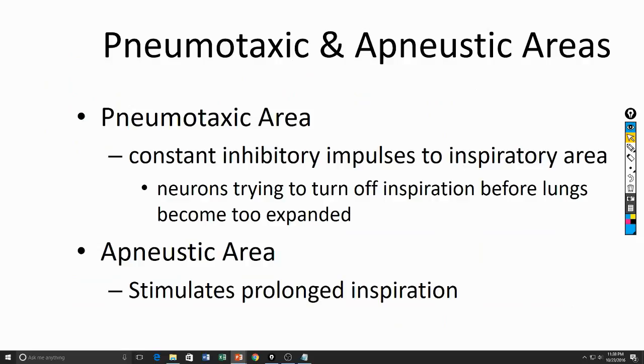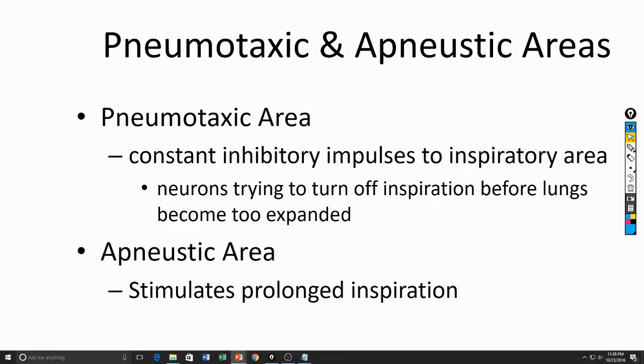Then you have the pneumotaxic area, which deals with inhibitory impulses to the inspiratory area. So that is basically telling you to stop breathing. If you take a really big deep breath, this is the area of the brain stem that's going to activate to tell you to stop breathing, so you don't expand too much.